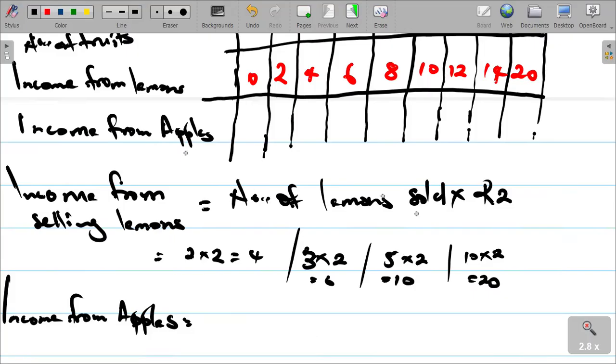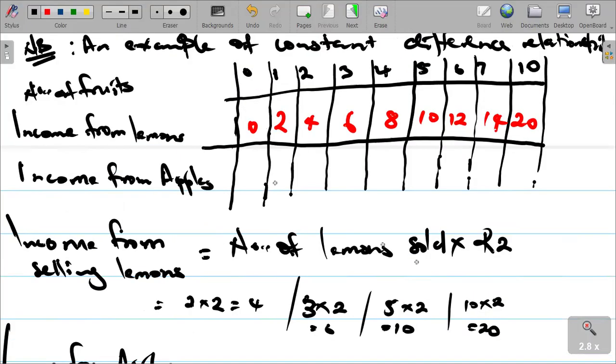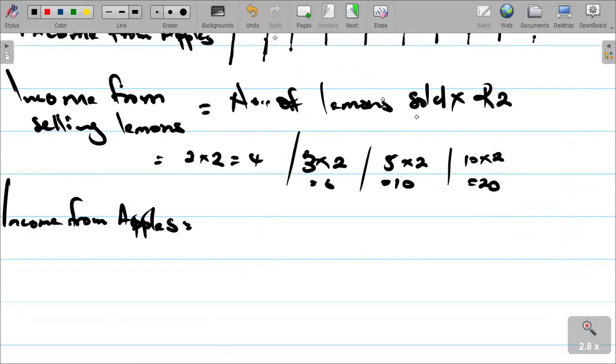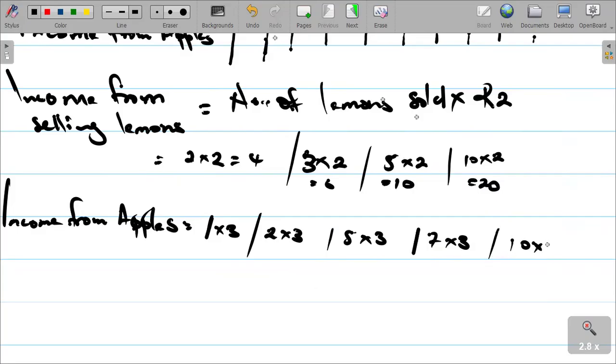So what are you going to do? You multiply by 3 the number of apples that are sold. If 1 is sold, 1 times 3. If 2 are sold, 2 times 3. If 5 are sold, 5 times 3. If 7 are sold, 7 times 3. If 10 are sold, 10 times 3.